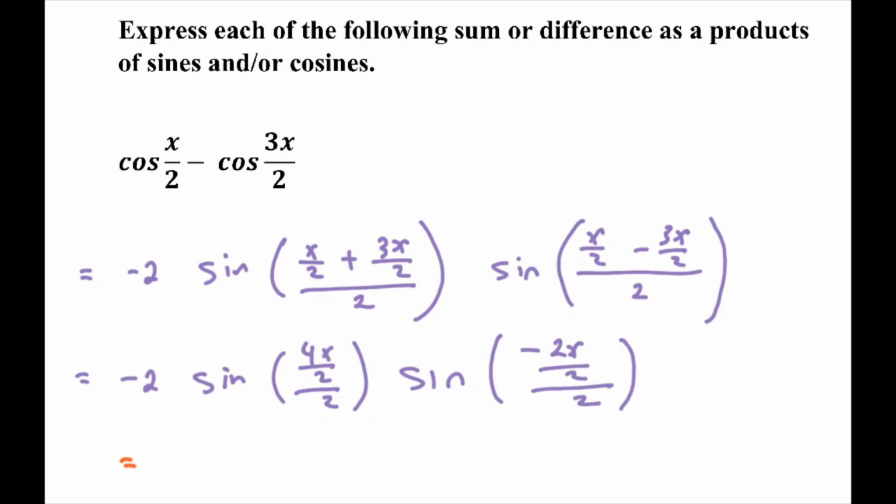Finally, that's going to be negative 2 sine x times sine negative x over 2.